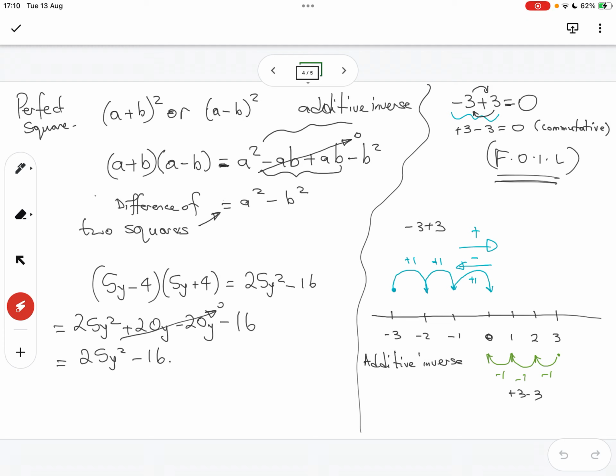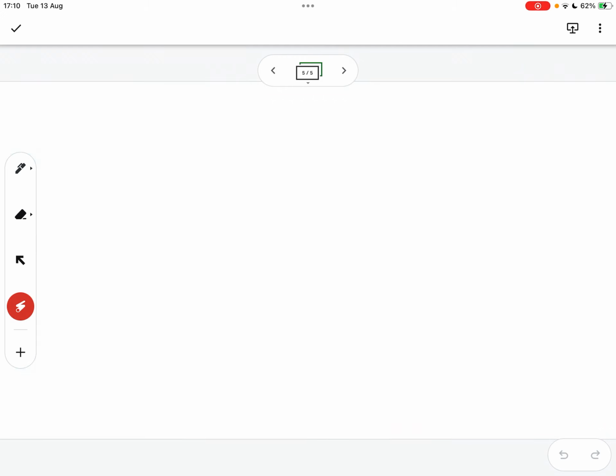Are you comfortable doing these kinds of problems? Not yet, or are you? You're okay. Yeah. Let's try doing 1 to 3. Let's do 1, 2, and 3. So the first one is: expand these expressions and simplify where possible.